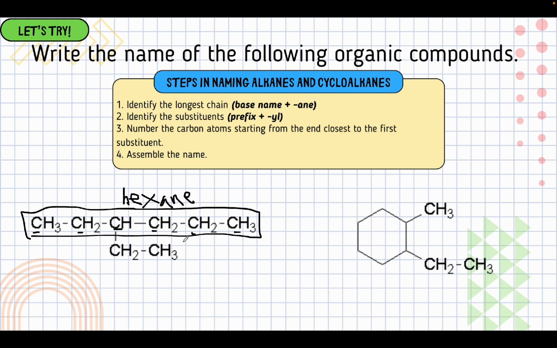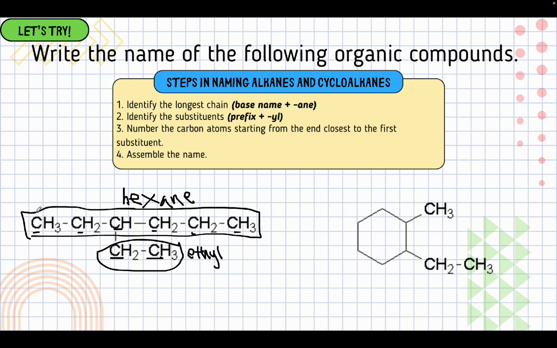Next, we identify the substituents or the carbons that are not part of the longest chain. So we have this. So this 1, 2. So the name would be ethyl. Next, we number the carbon atoms starting from the end closest to the first substituent.